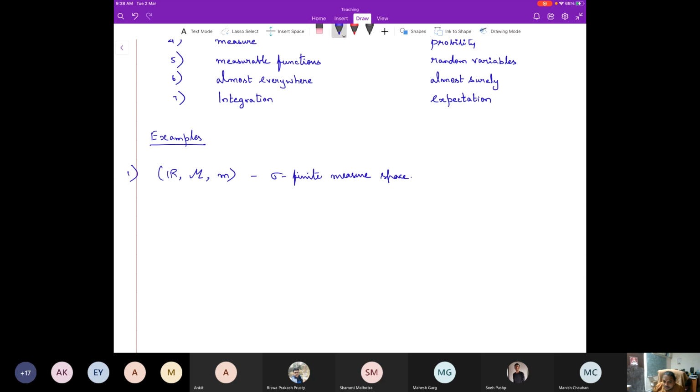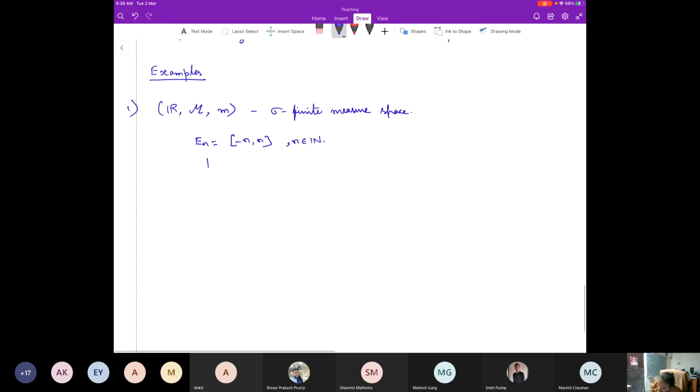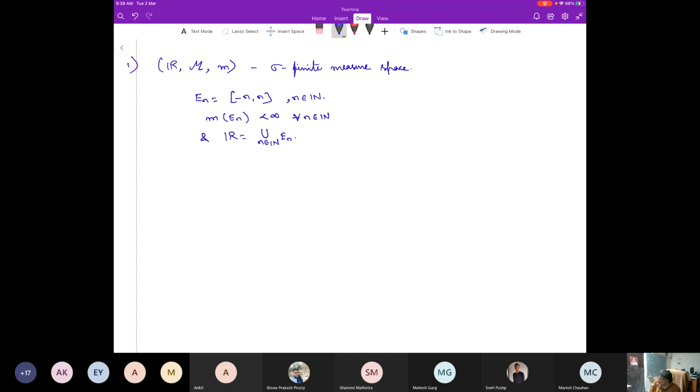Because I have intervals which are of finite measure but whose union makes up the whole of R. Exactly, very good. So you choose En to be minus n to n. Then the measure m of En is finite, and R can be written as the union over n in N of En. Therefore it's a sigma finite measure space.